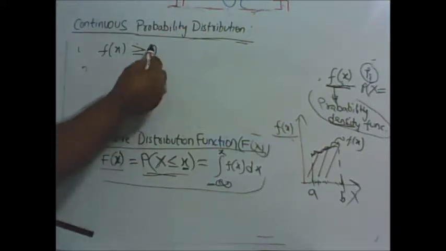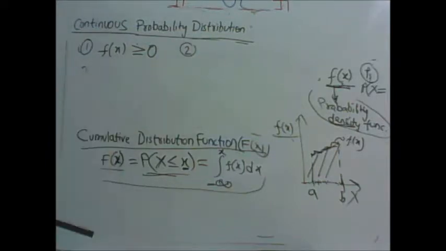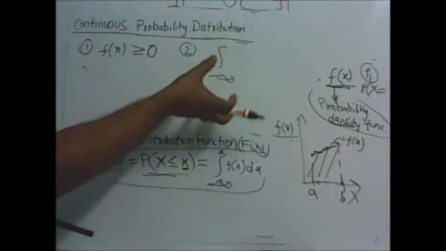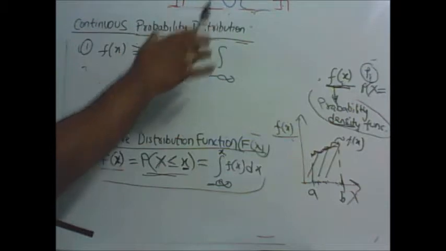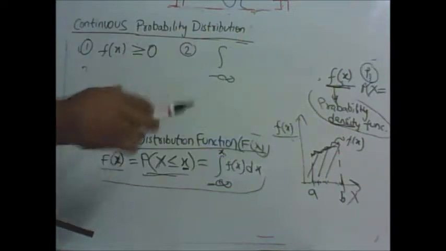That is number 1. Number 2, x is defined from minus infinity to plus infinity, so the total probability is the summation in the discrete case and integration in the continuous case. Both are the same.